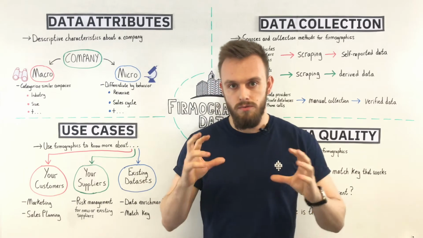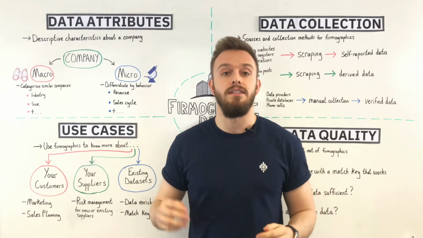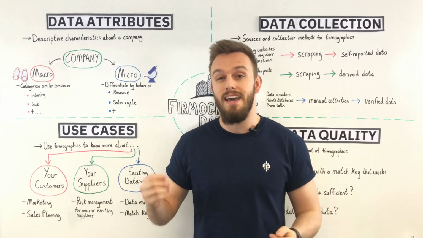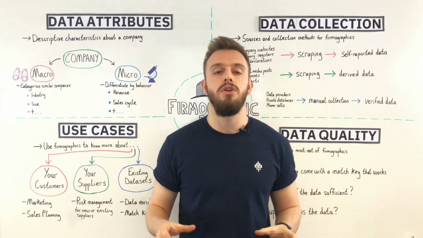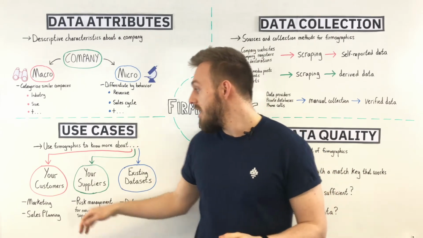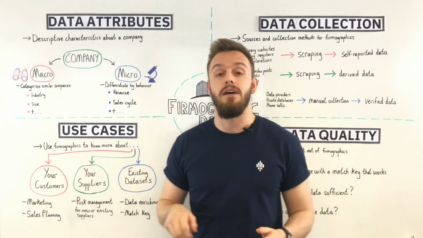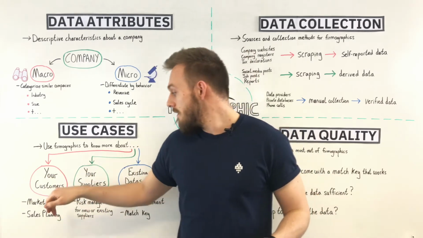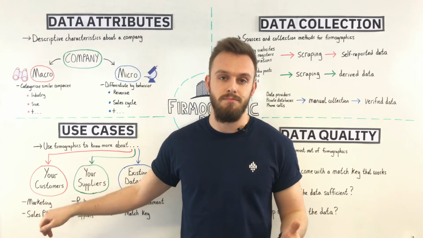Now, on the topic of knowing, firmographic data is exactly that. It helps you know exactly who you're interacting with and therefore how you're going to be able to interact with them. And this breaks down into about three things. Firstly, your customers.